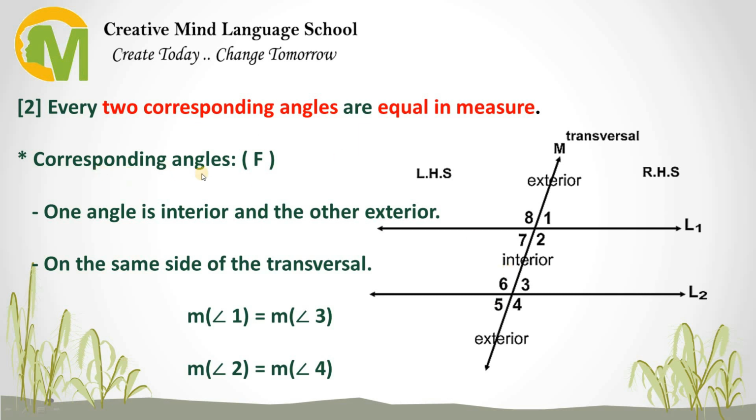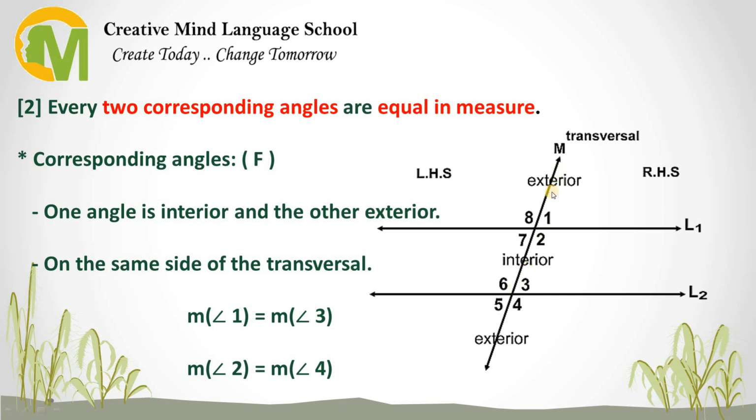To be familiar with corresponding angles, we refer to them by the letter F. They form the F shape. Here, as you see, we have an F shape: L1, the transversal, and L2, forming an F shape. So in this F shape, angle 2 and angle 4 are equal in measure.